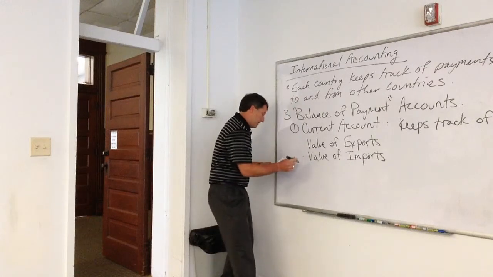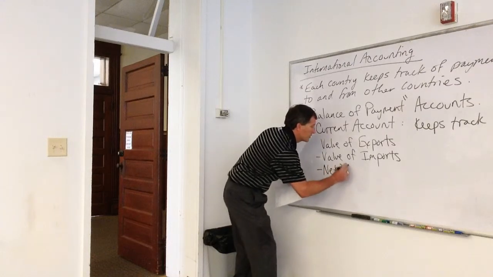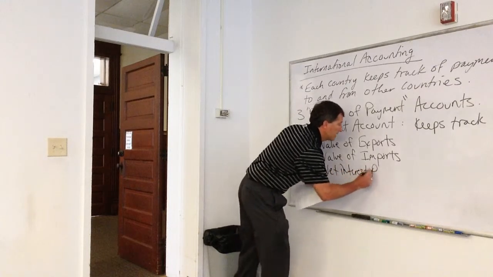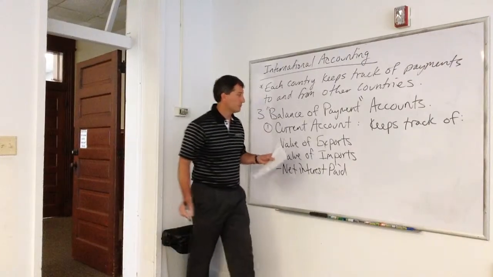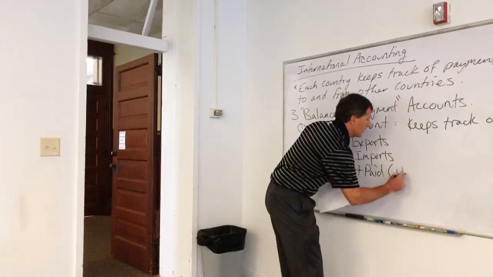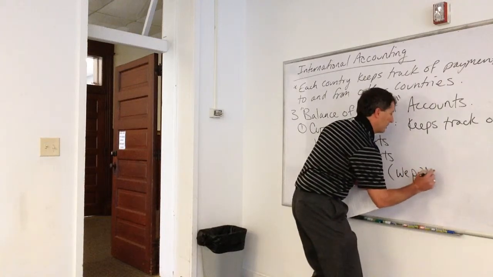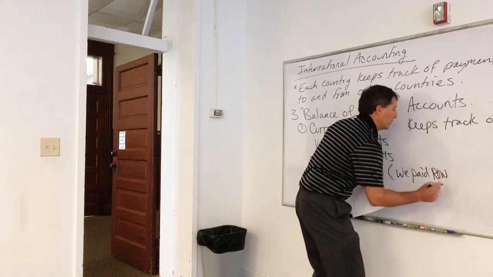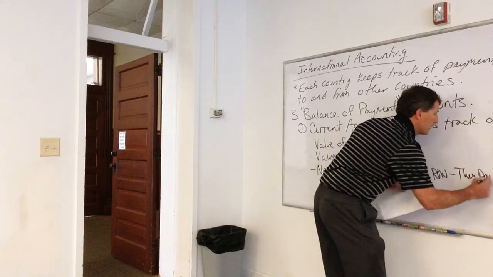So the current account also adds in net interest paid. And this is what we paid foreigners, what we paid the rest of the world, minus what they paid us.